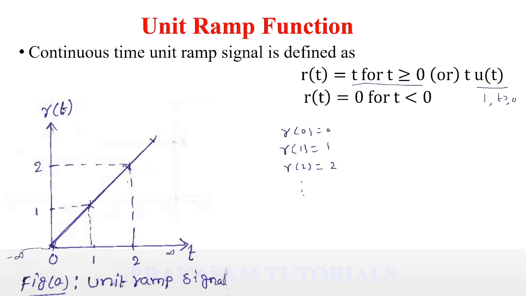After that, connect all the marking points by a smooth curve. The curve increases linearly, and this is the continuous time unit ramp signal.